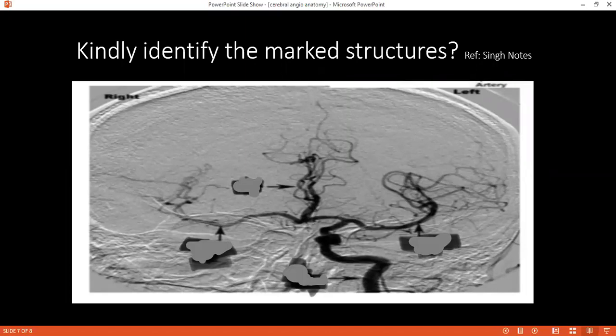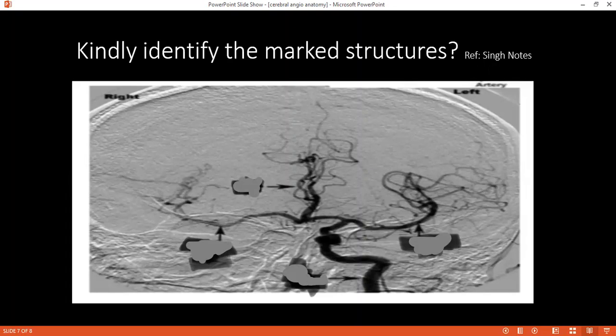Okay, it wasn't that clear to me. Can you please tell me what you are looking at right now? If you can identify 1, 2, 3, and 4 structures, please. Yes, ma'am.